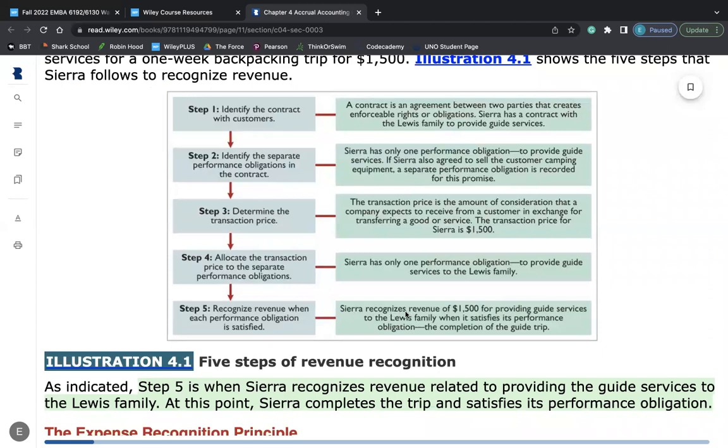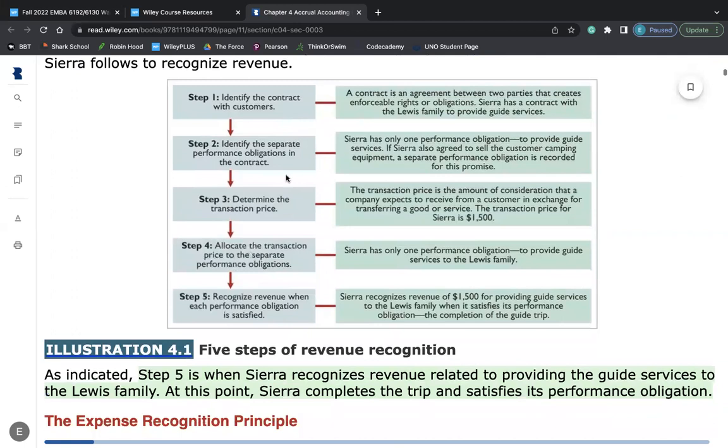Here it shows Sierra recognizes revenue of $1,500 for providing guide services to the Lewis family when it satisfies its performance obligation, the completion of the guide trip. This one was really self-explanatory. For $1,500, Sierra said, "Hey, we will provide you guide services."